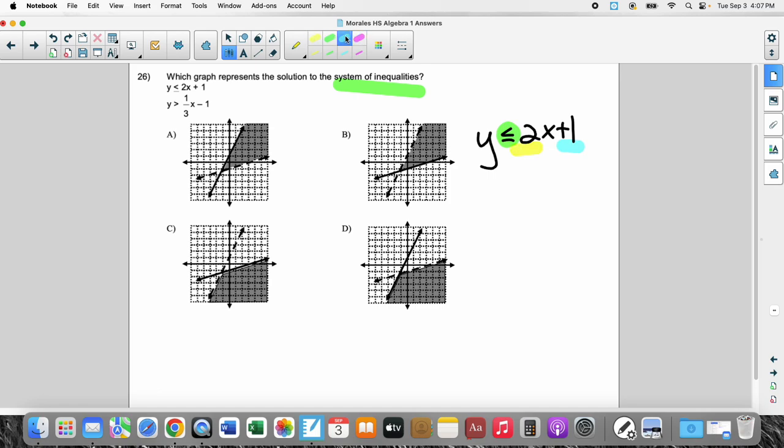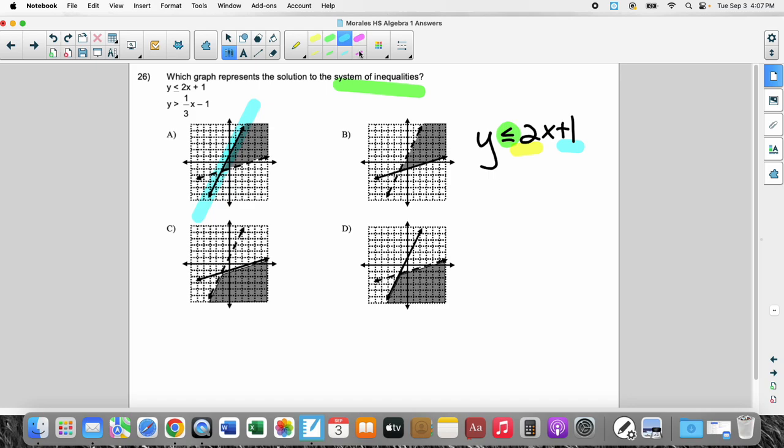So where is the y-intercept? 1 with a slope of 2, and it's a closed circle, meaning the border is solid, because this represents the border. So that's 1 up 2, right 1 there. That's a solid line. That's good.